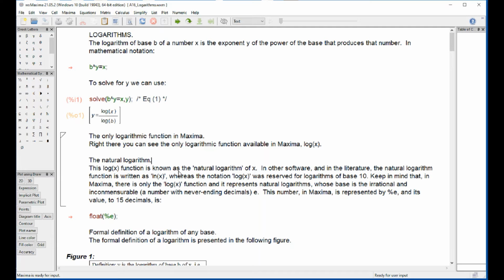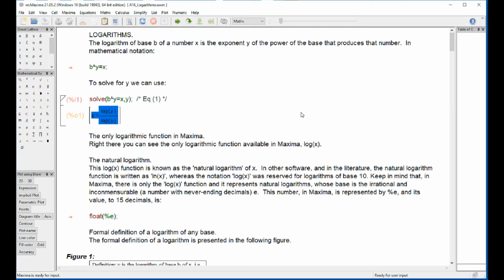In many other literature references, you're going to see it as ln of x, I mean the natural logarithm of x. Previously, log of x represented the logarithm of base 10. Why base 10? Because our numeric system is base 10. But in Maxima, keep in mind that log means a natural logarithm, and any other logarithm will have to be calculated somewhat like this.